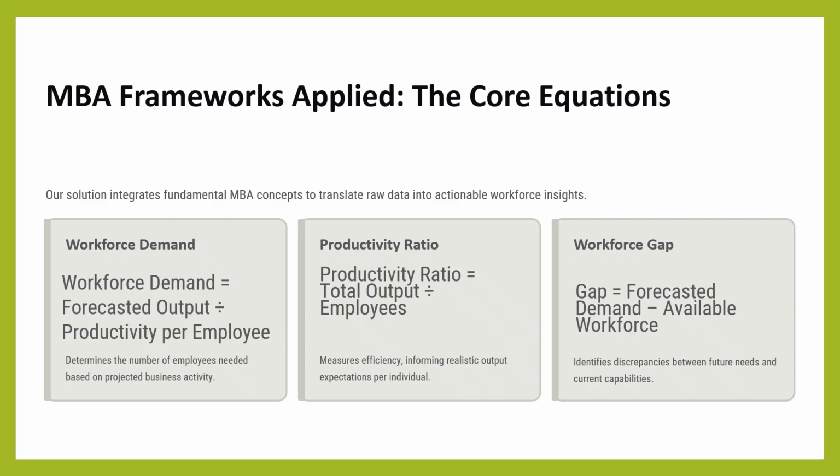Workforce gap analysis. Gap equals forecasted demand minus available workforce. 4. Financial impact. Overstaffing increases labor costs, while understaffing leads to lost sales and lower profitability. These formulas, widely discussed in HR and operations literature, form the strategic backbone of my project. The AI models then bring predictive power to these frameworks.